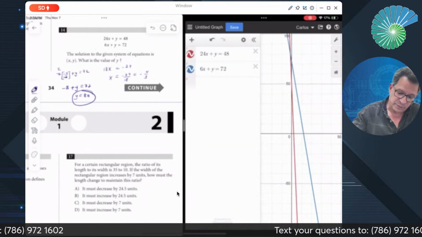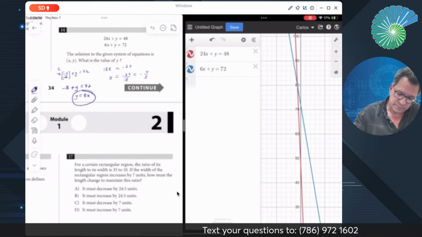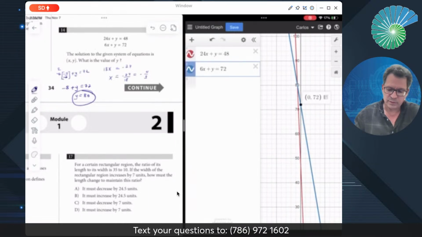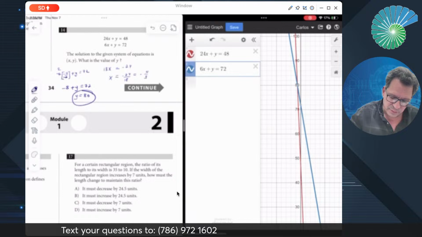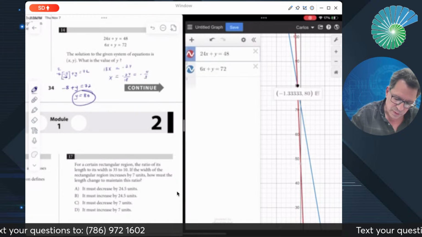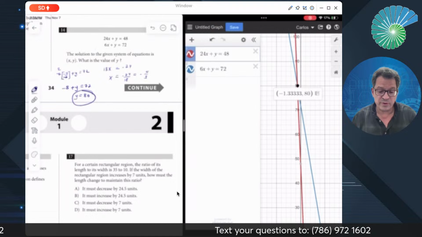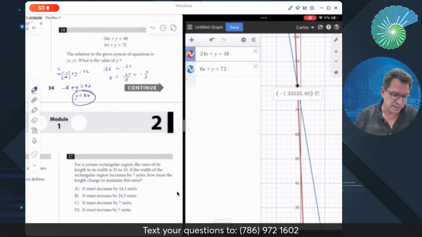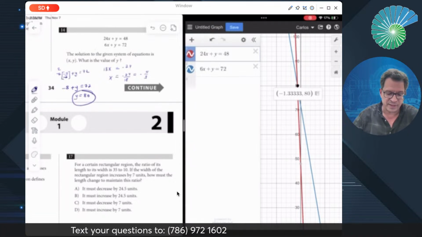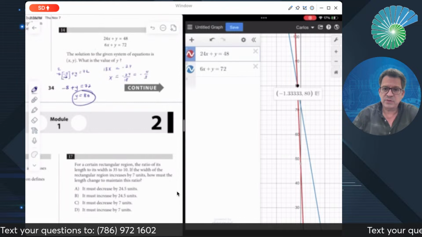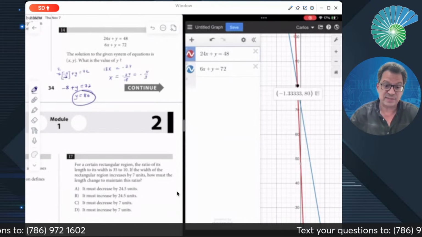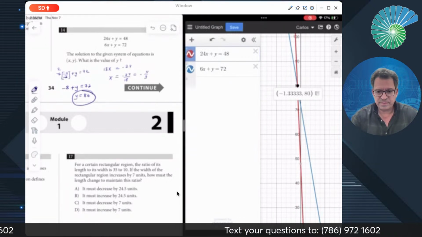And then I'm going to find where these two lines meet. Oh, wait, hold on. They don't meet there, they meet here. They meet at the point negative 1.3333, which is my negative 4 over 3, comma 80. And that's it. And you can do that very fast with Desmos.